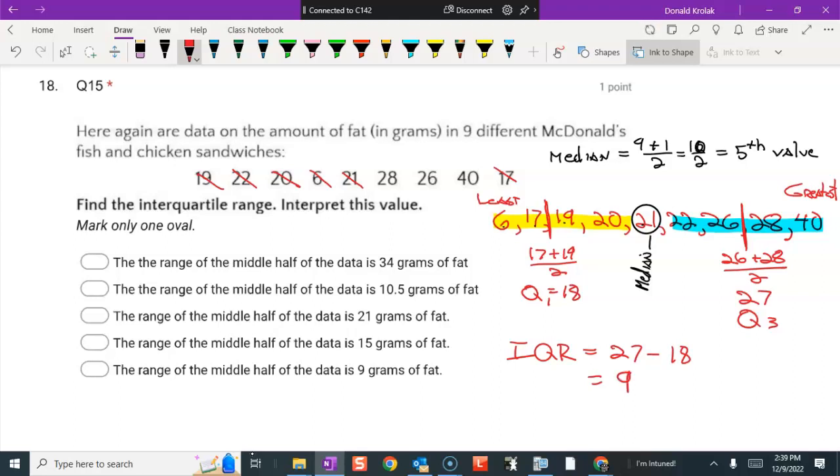So this is 9 fat grams. The range of the middle half of the data, which is the IQR, is 9 grams of fat.